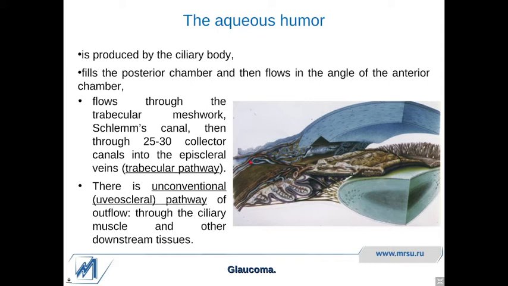This variant of aqueous humor outflow is named the trabecular pathway. And there is another variant, the uveoscleral pathway or unconventional pathway of outflow of aqueous humor. It is the variant when the aqueous humor flows through the ciliary muscle and other downstream tissues. It is here.